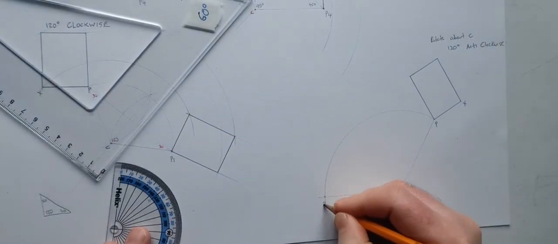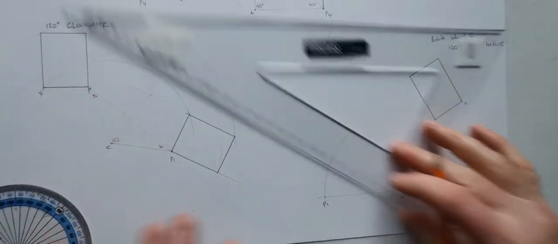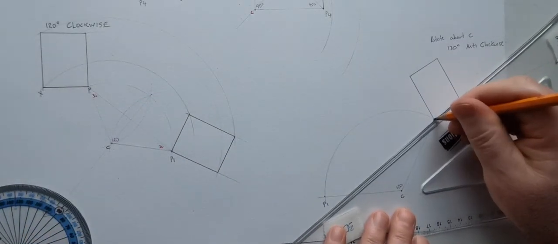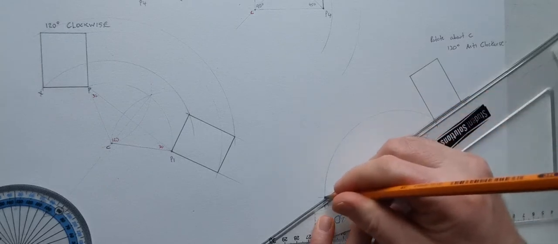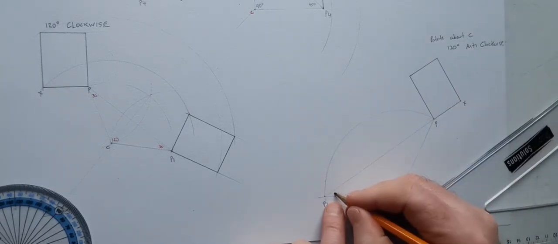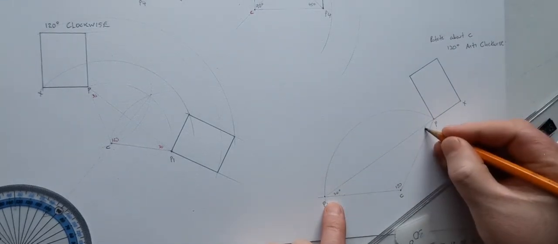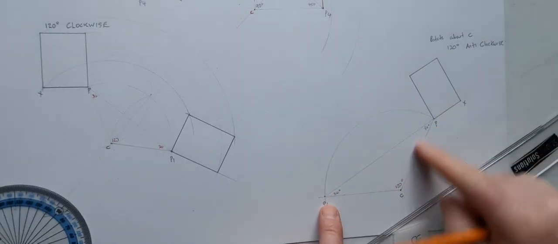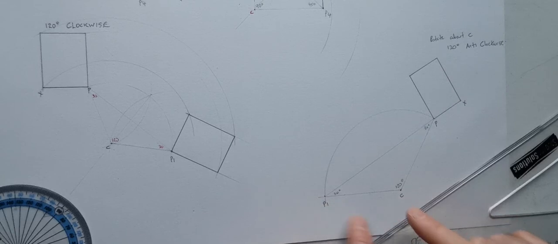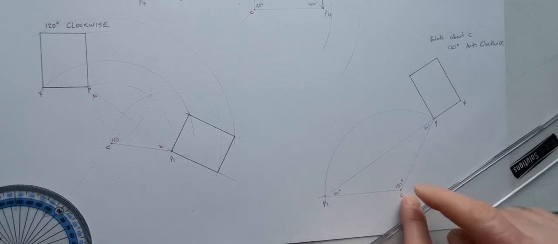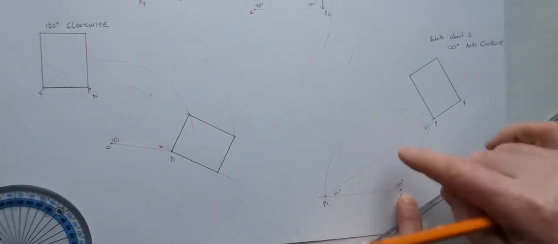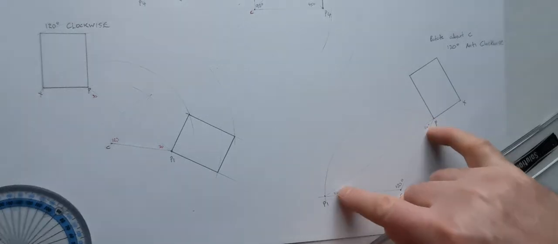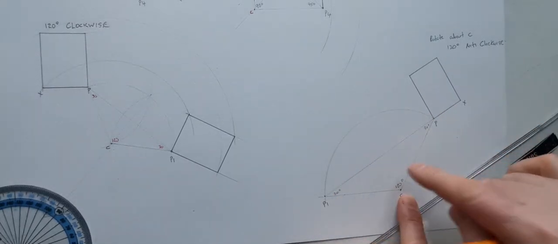That's the new position for P. I'll just join these now as well, even though I don't need to, just to show our triangle. So that's 30 degrees, 30 degrees, and 120 degrees. So basically the rotation is about making a triangle with the angle you want to rotate at the center, and the remainder then split into two for an isosceles triangle.